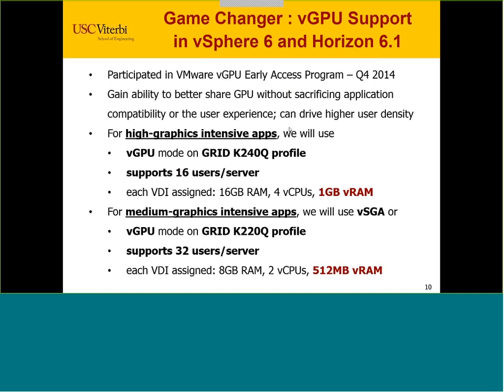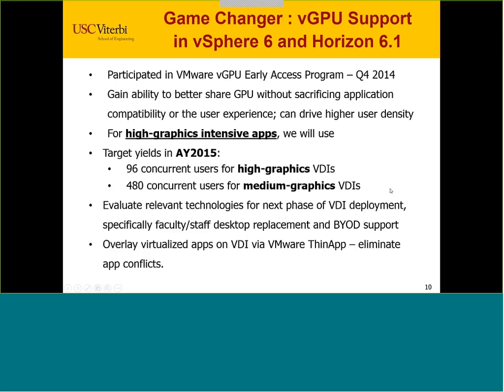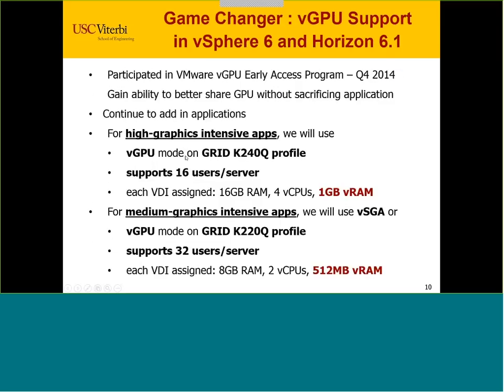And doing that by sharing GPU without sacrificing application compatibility is a big gain for us. So the configuration we plan going forward at this point in time for the high graphic intensity apps is the GRID K240Q profile.